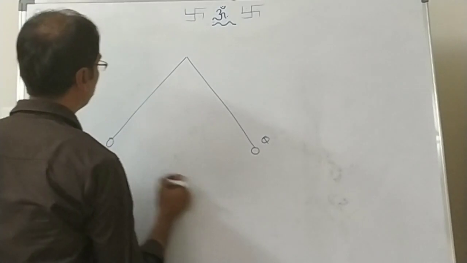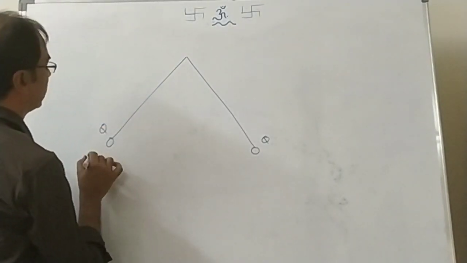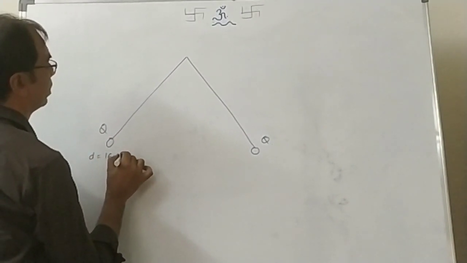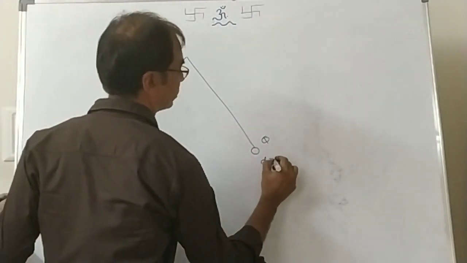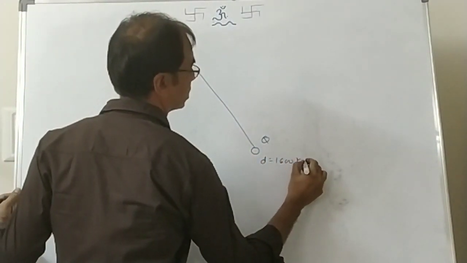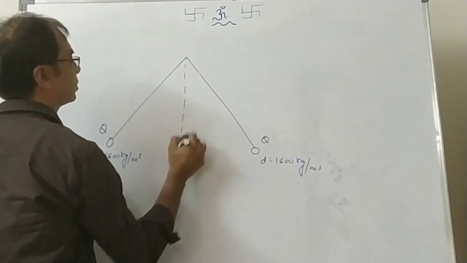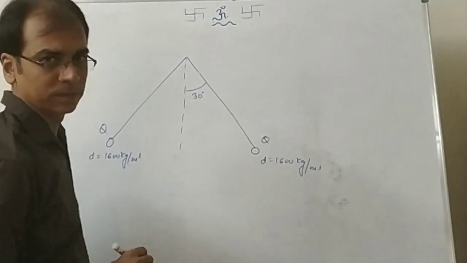The charge is Q, and the density of these metal balls is, let's say, 1600 kg per meter cube. In air, this theta value is 30 degrees.